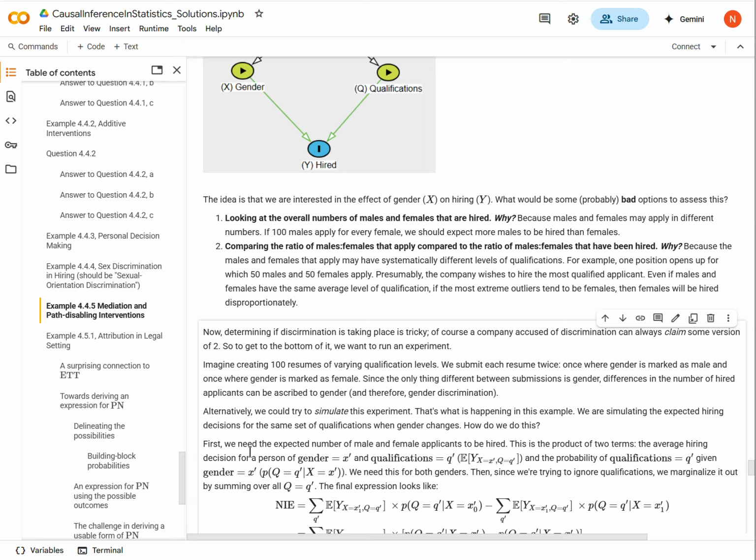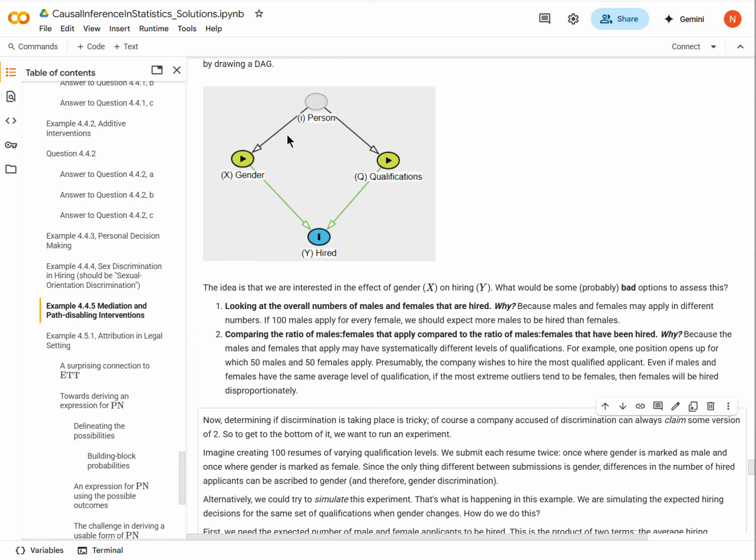So momentarily we will try to calculate or estimate the NIE, but first let's try another approach that would be appropriate, and that's to actually run an experiment here. Okay, so in the experiment, then you can imagine that we have 50 applications of varying levels of qualifications.